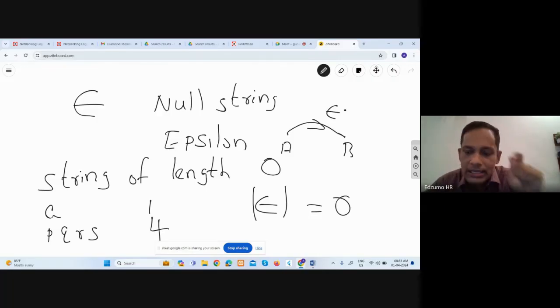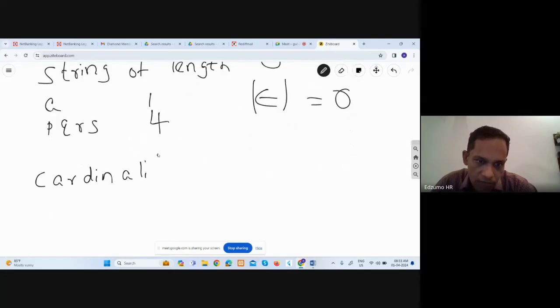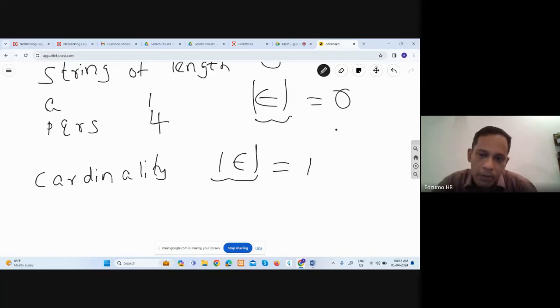The number of elements in a set is called cardinality. For epsilon, there is an element present, which is the null string. So the length of epsilon is 0, but the cardinality of epsilon is 1. That is, one element is present, that is epsilon, but it is of length 0.